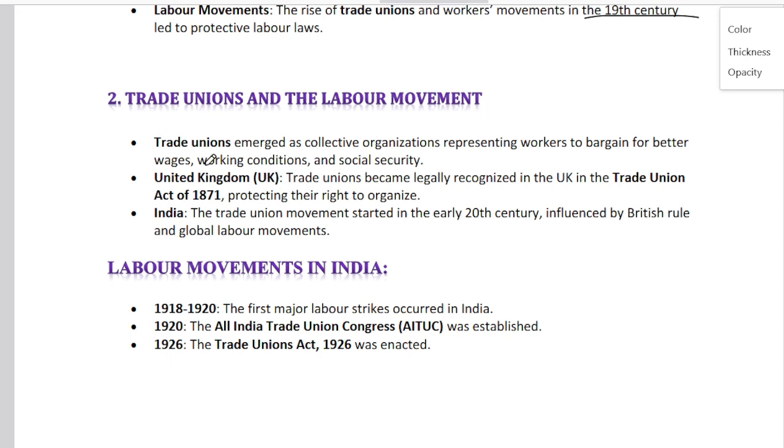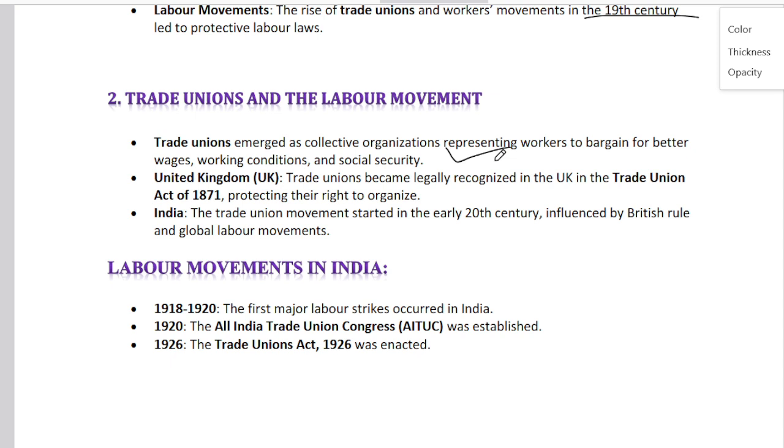So then comes into the picture the union and the labor movement. The trade union emerged as a collective organization representing the workers to bargain for better wages, working conditions and social security, all that, right? So the main objects of the labor movement were industrial harmony, economic justice, safety and community, better working conditions and a decent standard of life, and to avoid and reduce improper layoffs, retrenchment and lockouts, all those things to be given properly, right?